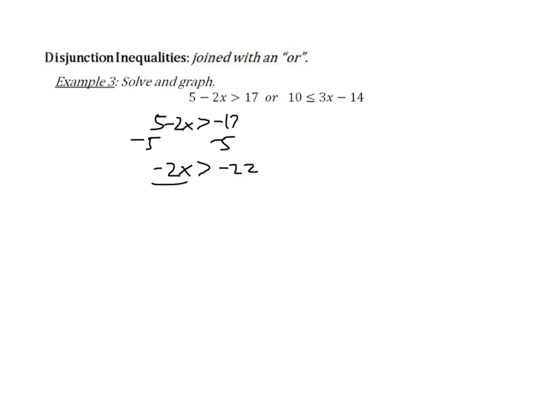Oh, I'm sorry. Let's back up. This is not a negative. So this is a positive 17, which is going to give us a positive 12. All right. Divide by negative 2. When we divide by negative 2, it's going to flip the sign. And this is going to give us a negative 6.